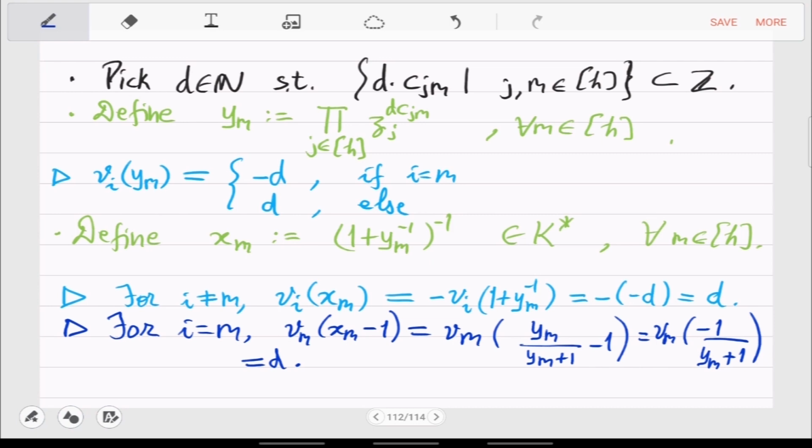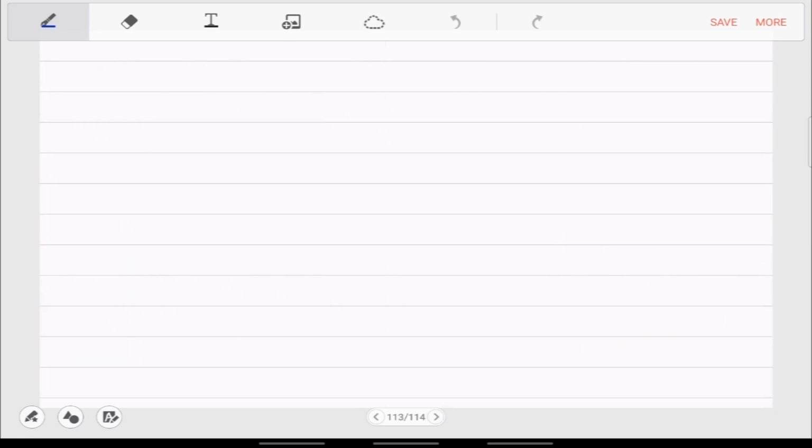Okay, so we have checked that for this design of rational functions, Vi value is d for i different from m, and Vm of xm minus 1 is also d. Okay, so let us now move to the design of u for the theorem.